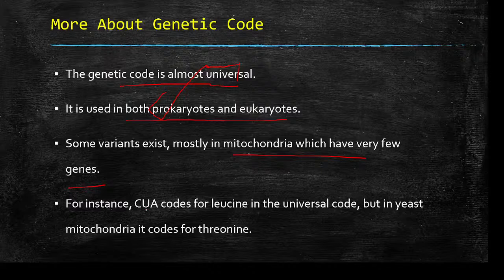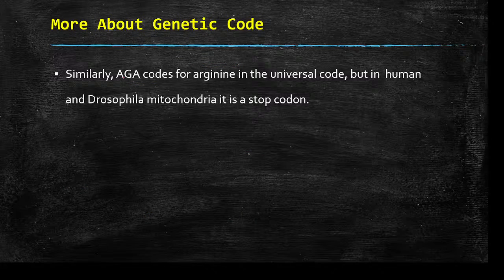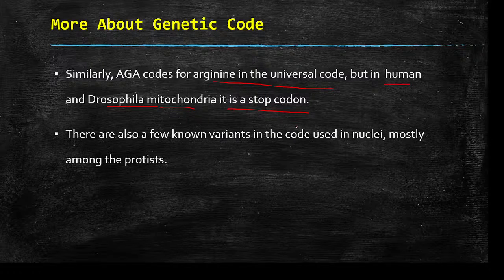For example, CUA codes for leucine in the universal code, but in yeast mitochondria it codes for threonine. Similarly, AGA codes for arginine in the universal code, but in the mitochondria of human and Drosophila, it is a stop codon. There are few known variants in the code used in nuclei, but in mitochondria there are quite a good number.